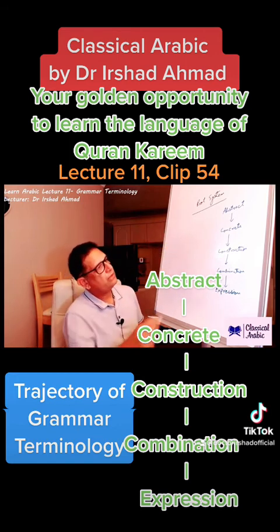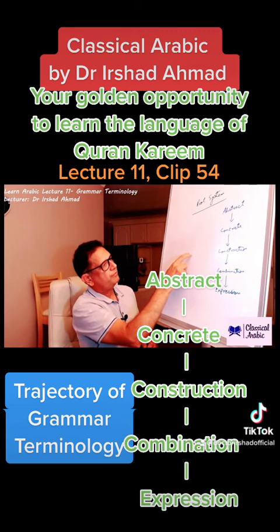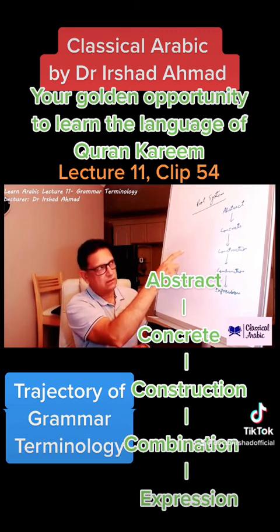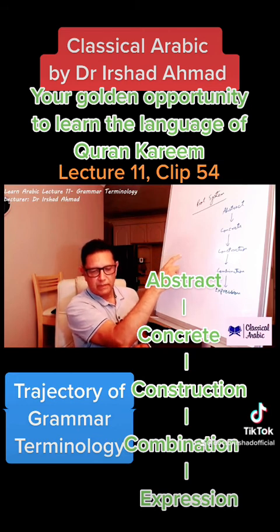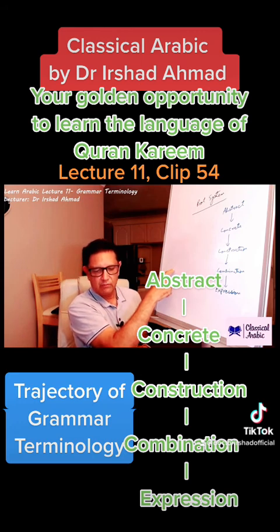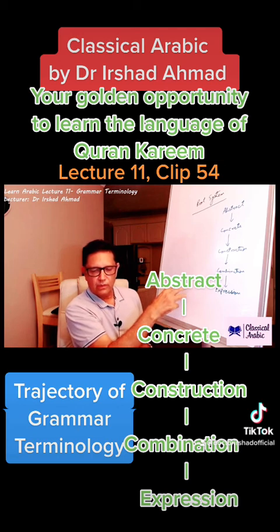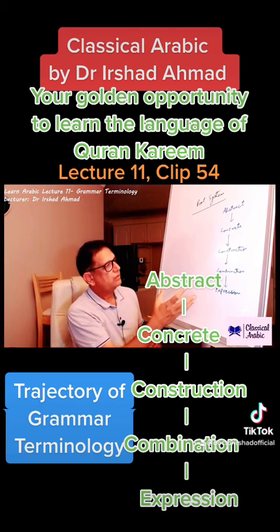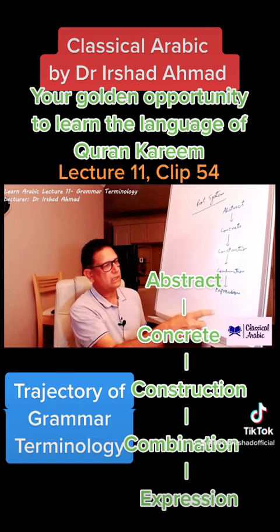And then we move on to making different words from that specific root, and then we put these words together, combine them to make sentences, and then how they are combined in a specific order to give a specific expression. That comes as the final stage.